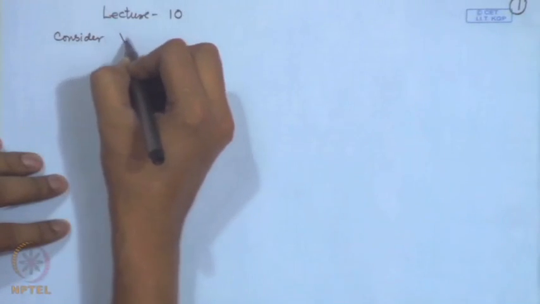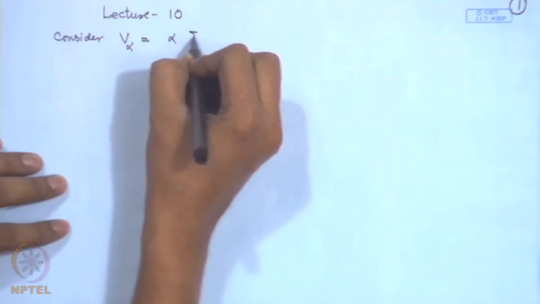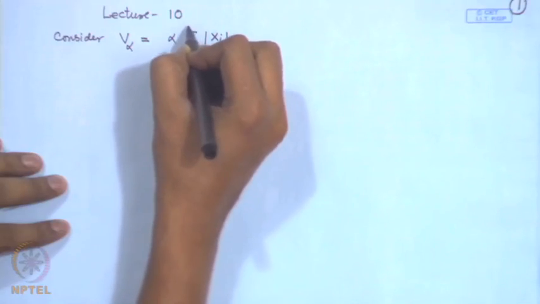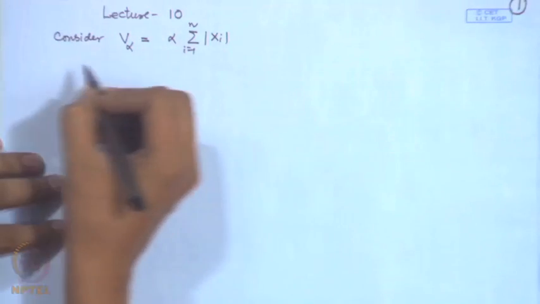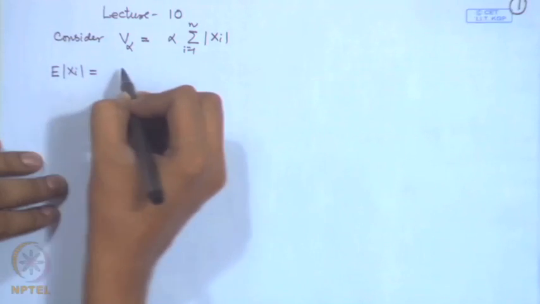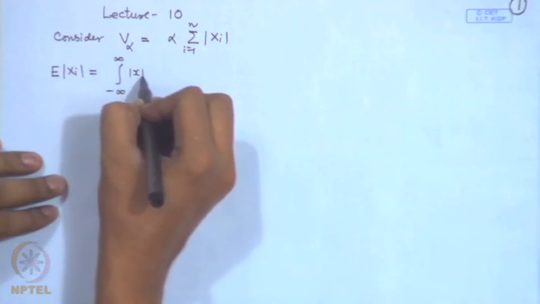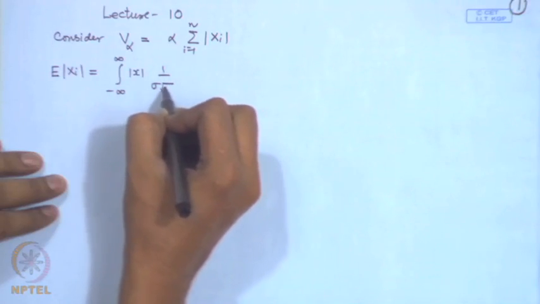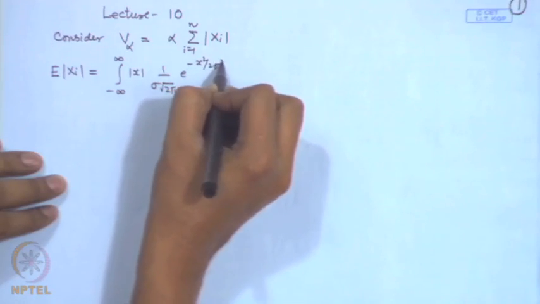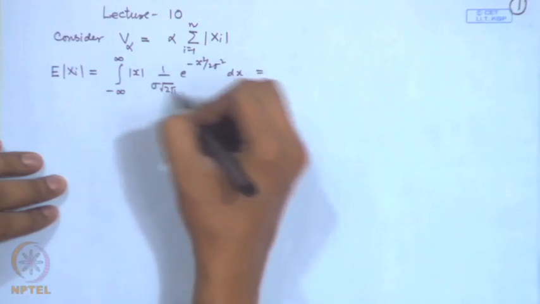an estimator of the form, say, V alpha is equal to alpha into sum of modulus x i, i equal to 1 to n. Now, consider the expectation of modulus x i. That is equal to the integral from minus infinity to infinity of modulus x times 1 by sigma root 2 pi e to the power minus x square by 2 sigma square dx. Now, this is an even function.